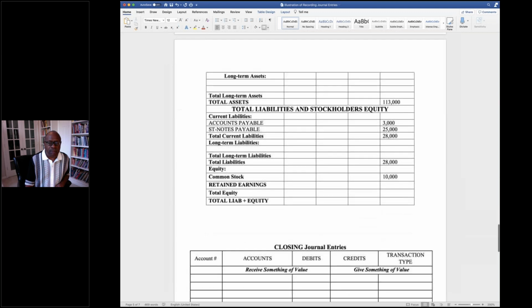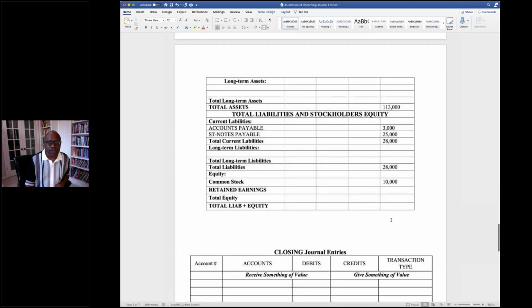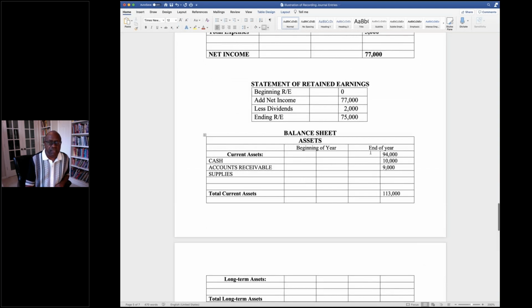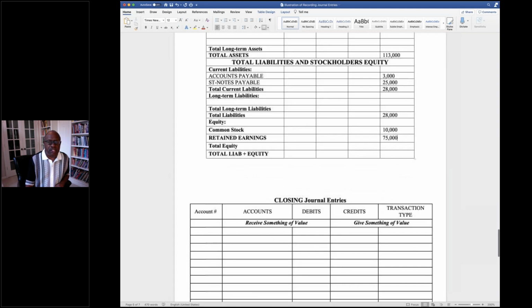And so we're going to put the $75,000 here for retained earnings. So we move the ending retained earnings to the balance sheet. And so our total equity is now $85,000.